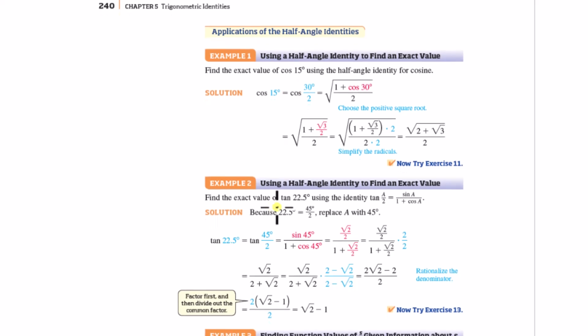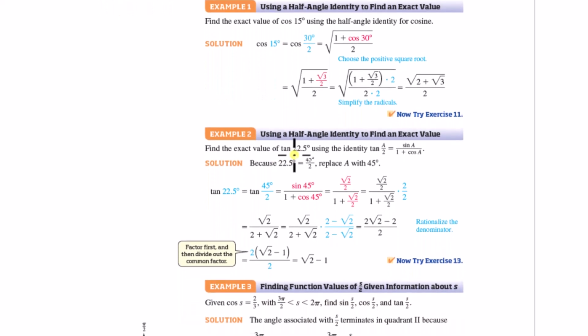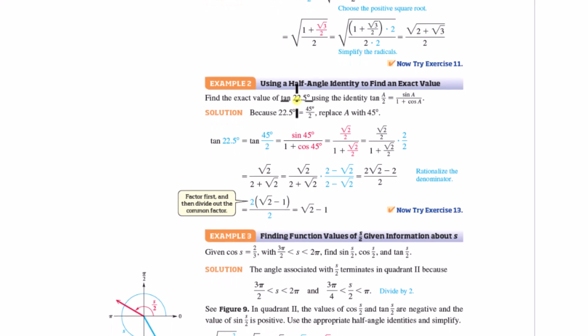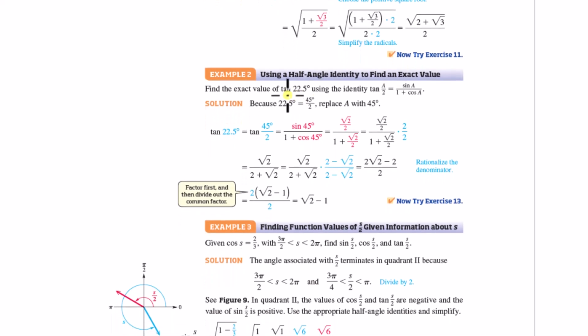Okay, find the exact value of 22.5. Well, 22.5 times 2 is 45, so you can use the half angle identity. There's an angle that's different. 22.5, that's not a multiple of 15, so you can find an exact value for 22.5.